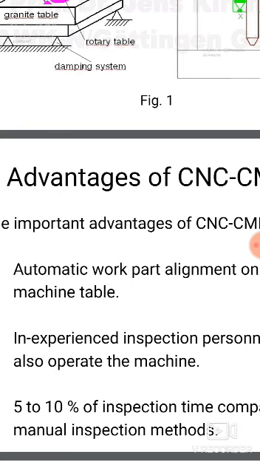Next, digitizing. What is the use of digitizing? It is converting any 3D object into dimensional form. It reproduces complex shapes in point cloud format. That is digitizing. Next, we have seen scanning.